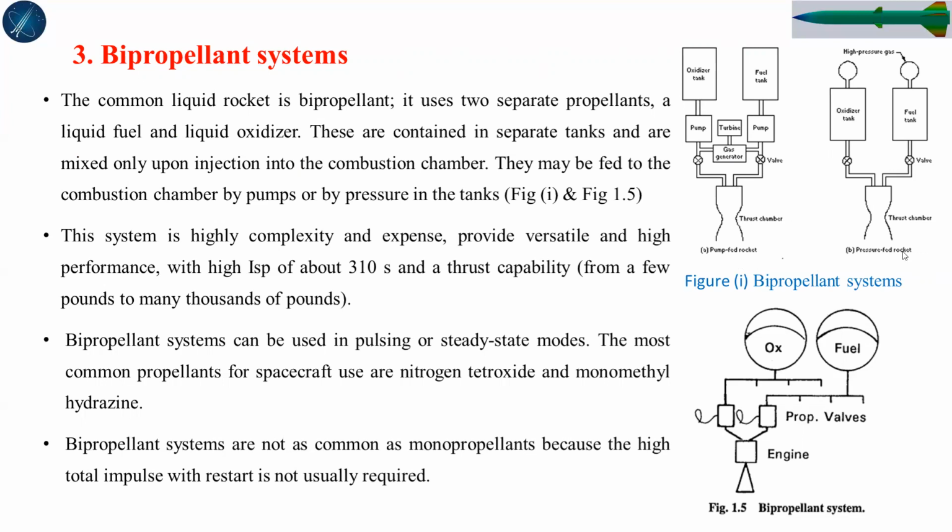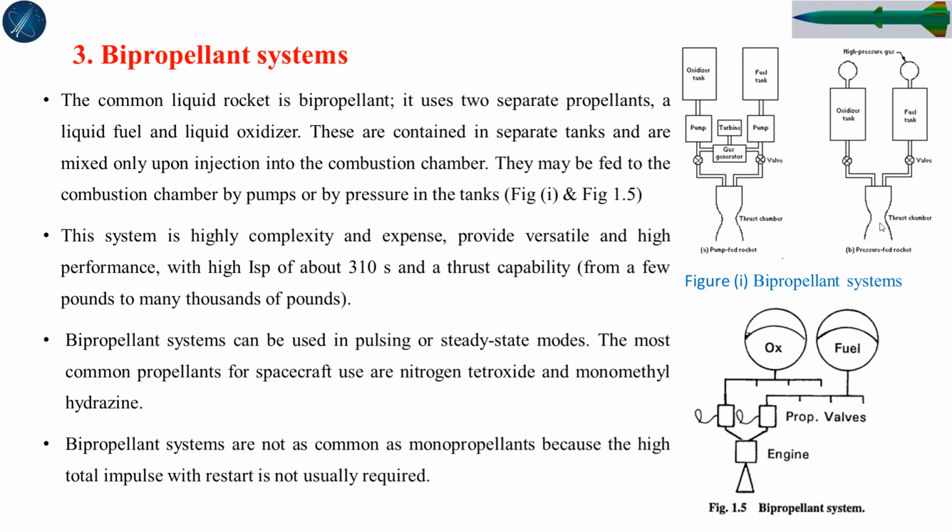Another is the pressure feed system. Look, this is the pressure feed system. There is high pressure gas. Oxygen tank and the fuel tanks are there. There are valves, and then it is connected to this system or the rocket nozzle, and then the nozzle will start to mix both the fuel and the oxidizer together inside here and make burning.